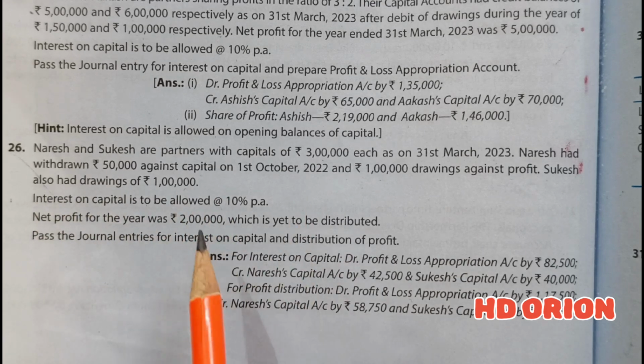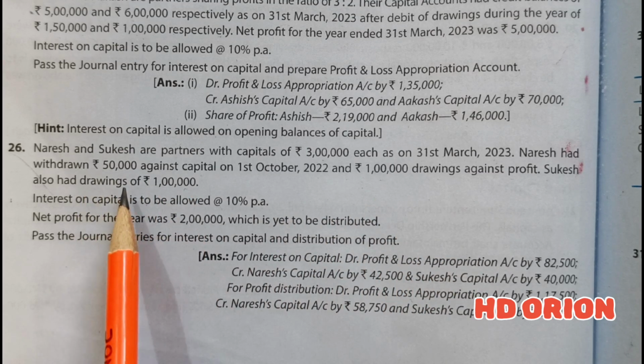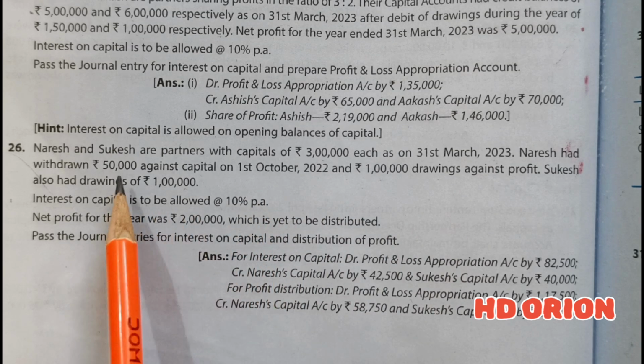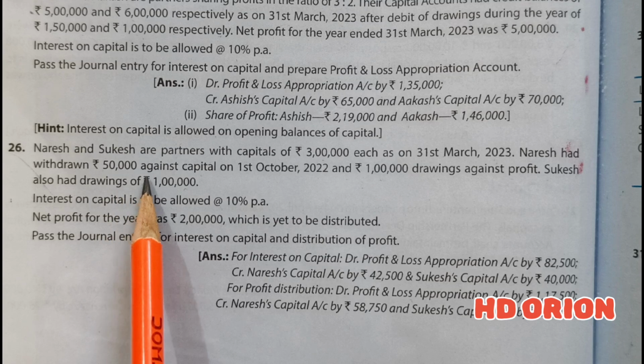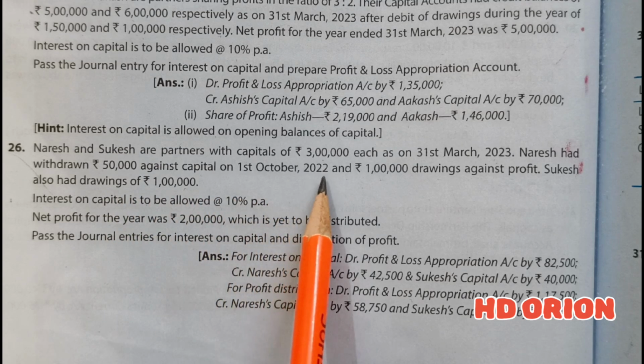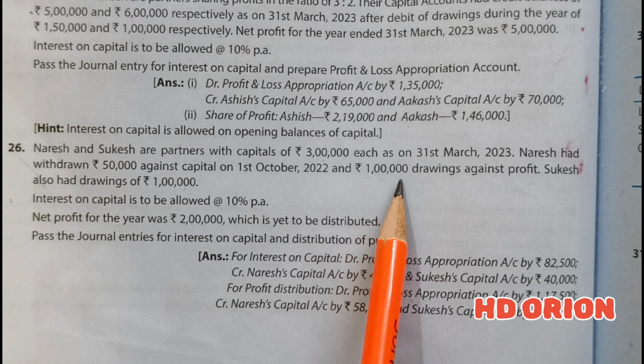Now, what you have to understand here is there are two types of drawings. One drawings is out of capital and the other drawings is out of profit. But here we are having only fluctuating capital account method, and both the drawings will be shown in the capital account itself. Fine. So the first drawing is of rupees 50,000, which is out of capital and on 1st of October 22, and the second drawing, which is out of profit, is of rupees 1 lakh.